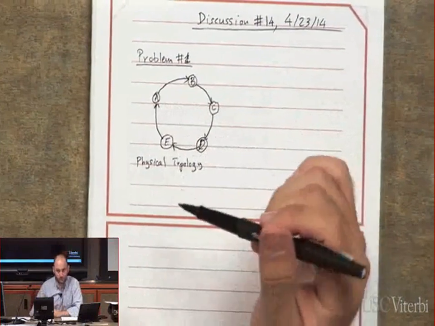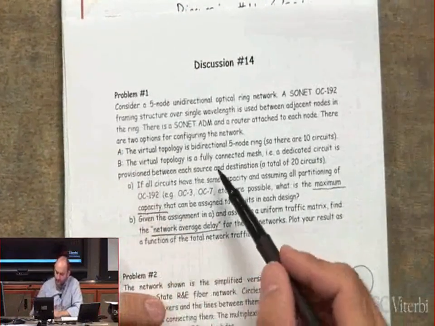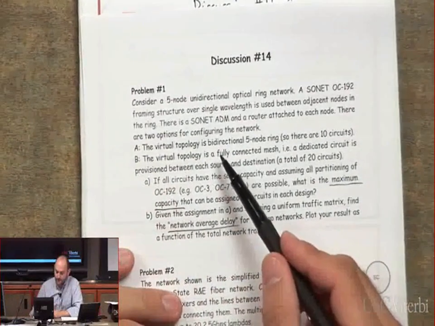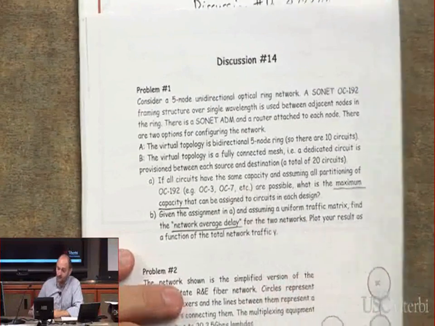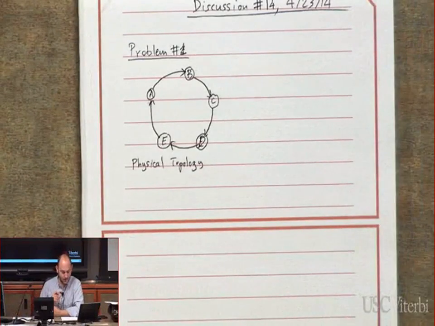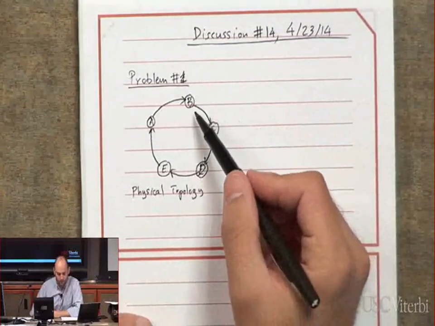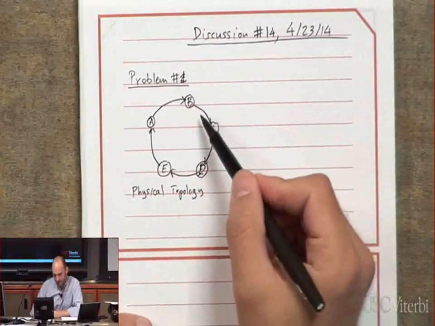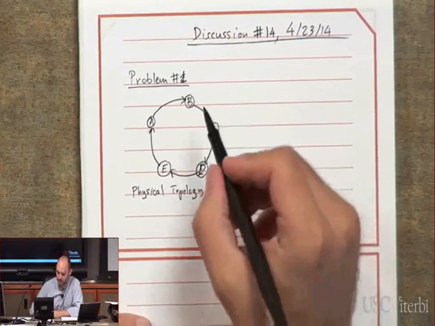How can we build on top of that what is given in part A, a virtual topology, which is a bidirectional 5-node ring with 10 circuits. Just to put some notation over here, we will call these edges over here segments, right, in the physical topology.